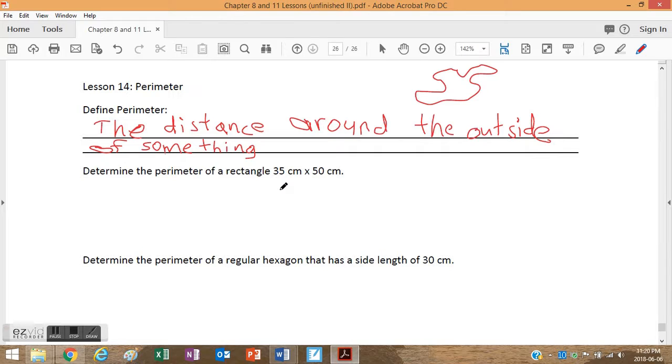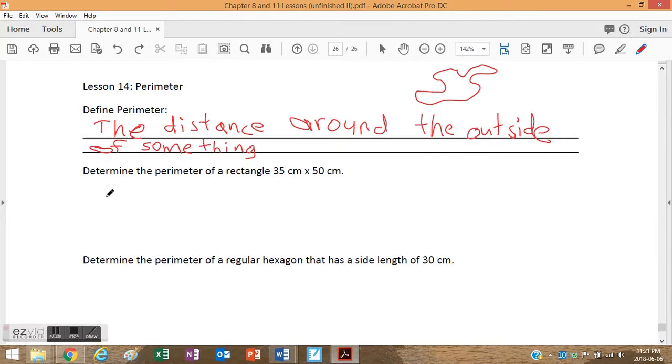So for example, the first question here, determine the perimeter of a rectangle 35 centimeters by 50 centimeters. Okay, the x here does not mean you have to multiply it. That's just a way of giving dimensions, that it's 35 centimeters wide by 50 centimeters long. Let's draw a quick picture.